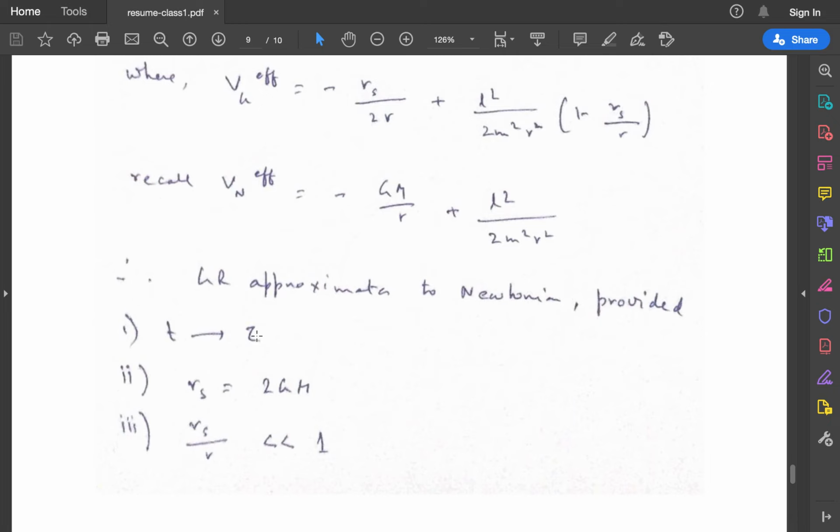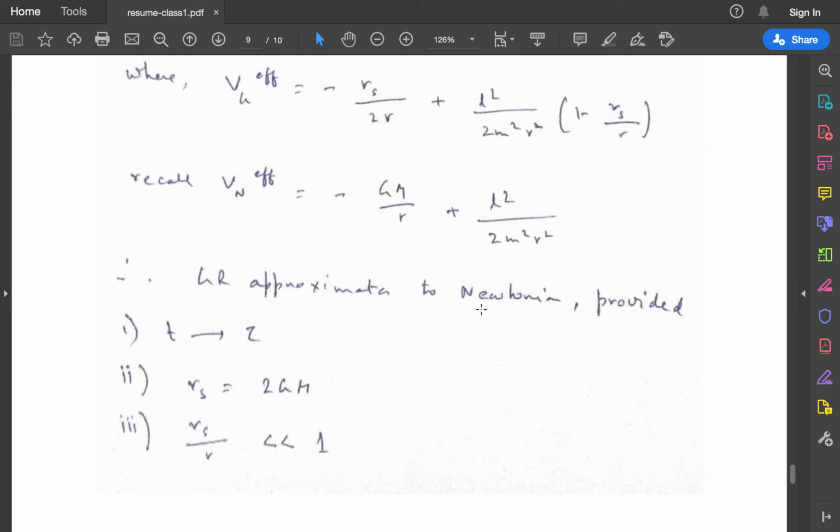That t goes to tau, that means simple time goes to proper time. This rs which we are trying to identify is equal to twice Gm. So rs should be equal to twice Gm, and this term rs by r should be very much less than 1, so that this is very small and this term dominates, and we have only the single term.